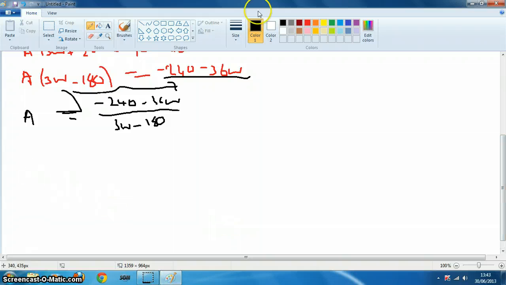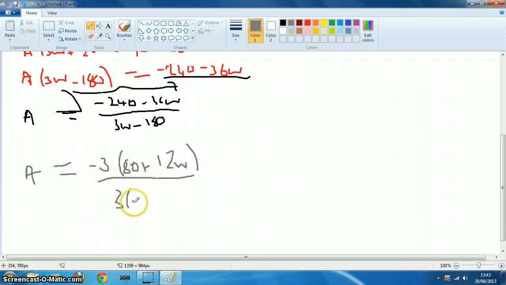Finally, for our last step, we keep A on its own again, and we need to factorize these two expressions. So we have to factorize by HCF. So minus 240 minus 36W becomes minus 3 times 80 plus 12W.